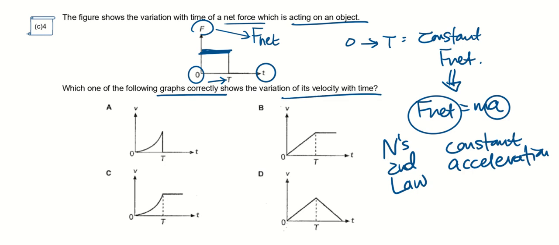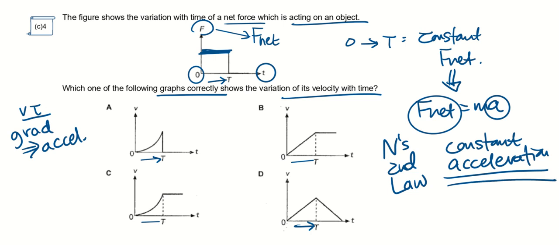So we are all dealing with VT graph. For VT graph, we know that the gradient represents acceleration. So how do we link all this? From time 0 to t, we see that there is constant acceleration.